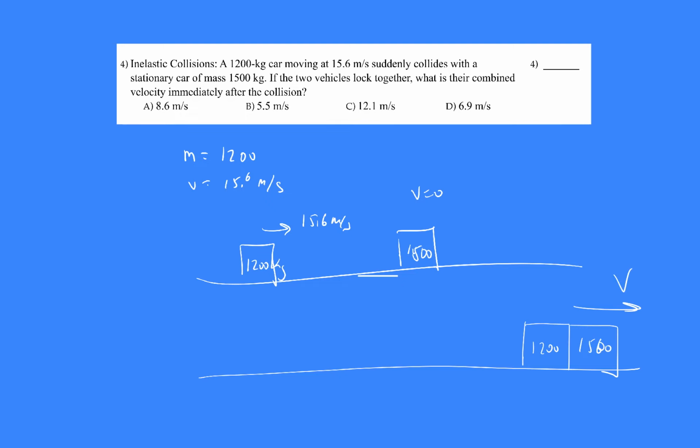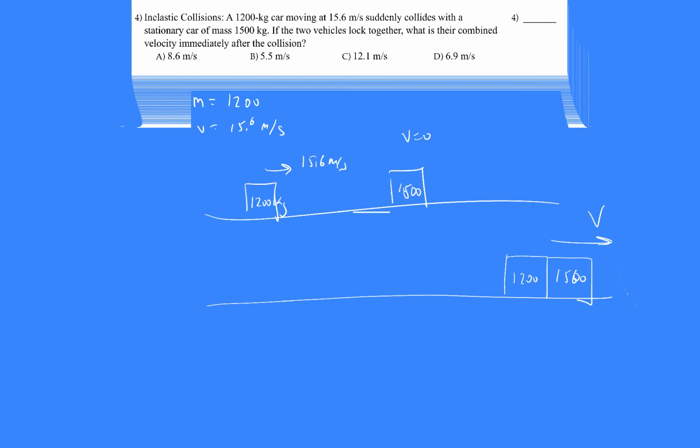What is asked is this velocity. They end up stuck to each other. It's an inelastic collision where the kinetic energy is not conserved: before the collision it is a bigger amount than after the collision.